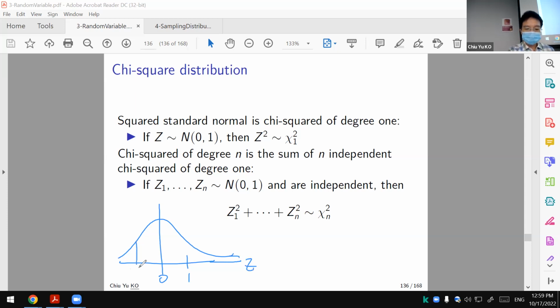If it is more than 1, it will spread out more because if you take the square of something more than 1, it's bigger, right? And if less than 1, the thing will be smaller, right? 0.5 squared. So you elongate more than 1 and compress less than 1, okay? And something like this would happen.